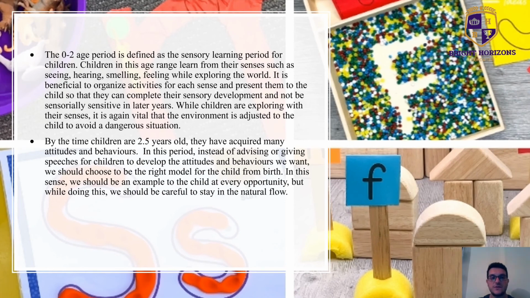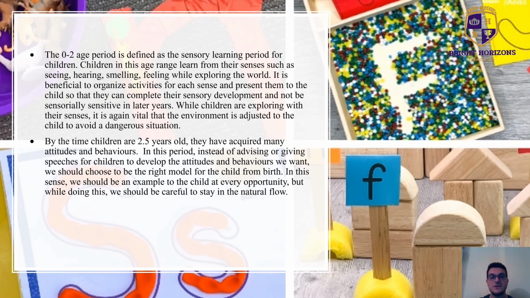It is very beneficial to organize activities for each sense and present them to the child so that they can complete their sensory development and not be sensorily sensitive in later years. While children are exploring with their senses, it is again vital that the environment is adjusted to the child to avoid any dangerous situation.